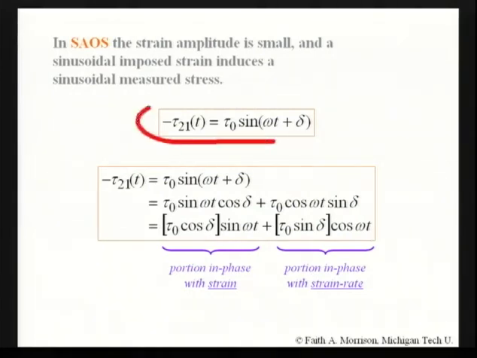If we assume that the stress response is a stress wave not in phase, but with the same frequency as the shear rate or the strain, then we could break that into two parts: a portion that's proportional to sine omega t, and a portion that's proportional to cosine omega t. In other words, a portion in phase with the strain is a sine wave, and a portion in phase with the rate is a cosine wave.